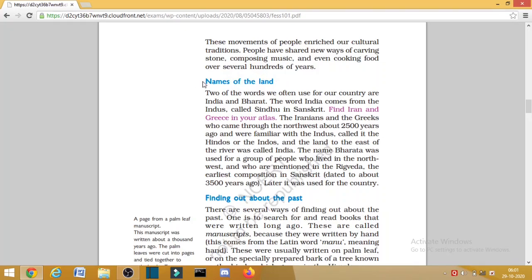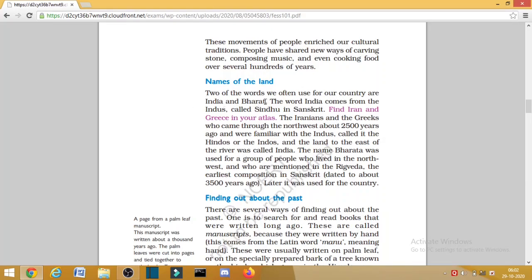Now, let us proceed to the next part of the chapter, names of the land. We already mentioned India and Bharat. How do these names come? Let us see, children, here. Two of the words we often use for our country are India and Bharat.